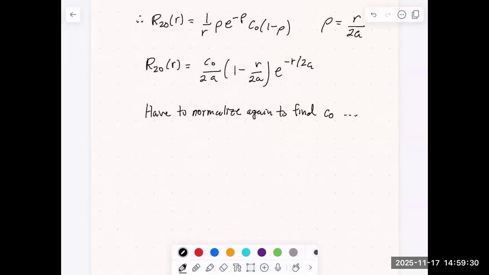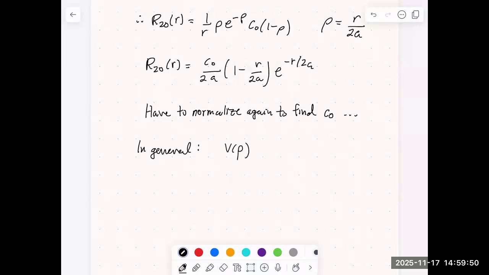That, I think, is the easiest way to build up these radial parts of the wave functions, and then you just multiply them by the spherical harmonics that we already know. All right. There's another way to do this, and so I'll tell you what it is.